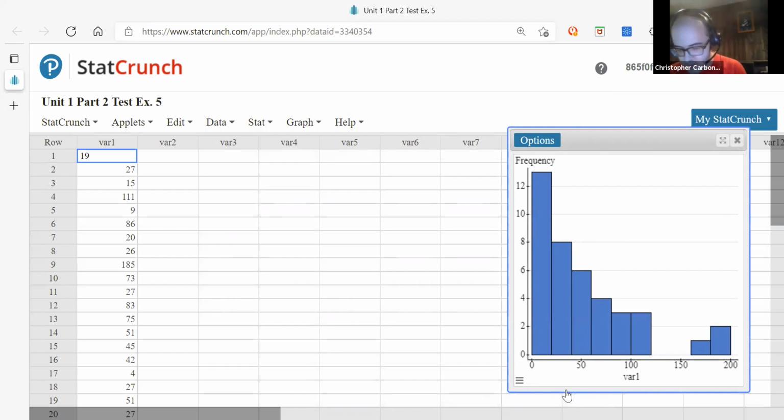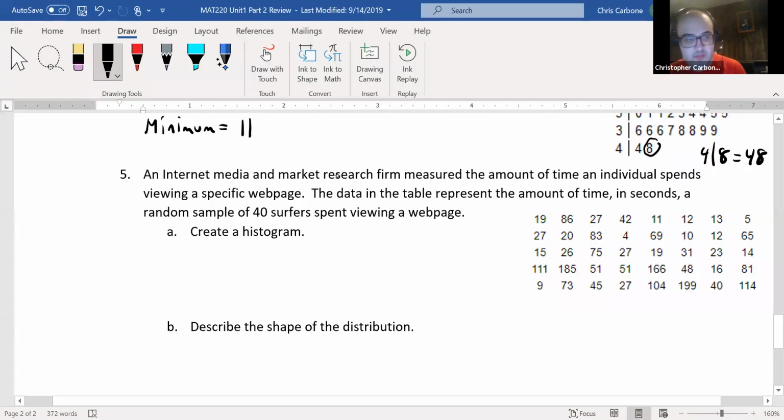The second part of this question asks the shape of the distribution. Based on this, we have a large amount of observations here on the left, and as we can see, it tails off to the right. Despite the slight increase right here, it still tails off. Because of that tailing off to the right, this is going to be a skewed right distribution.